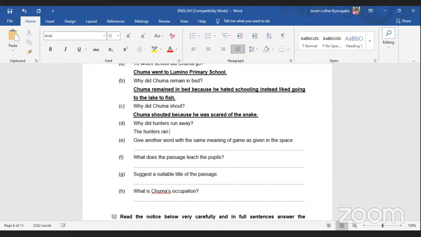The hunters, Shivan. My friend Shivan, give us the answer. The hunters ran away because they feared that they had attacked the ghost of the forest.